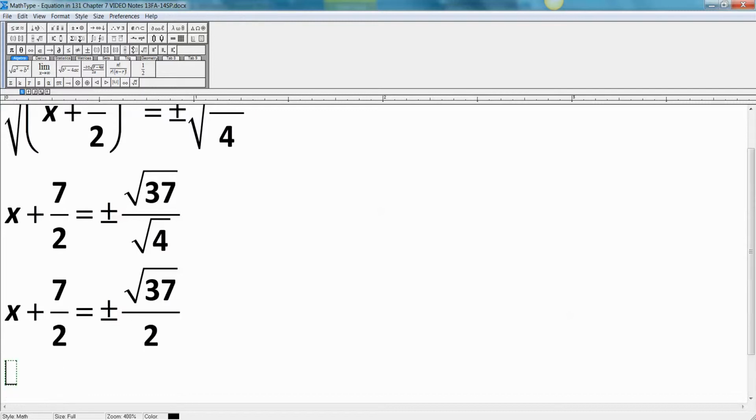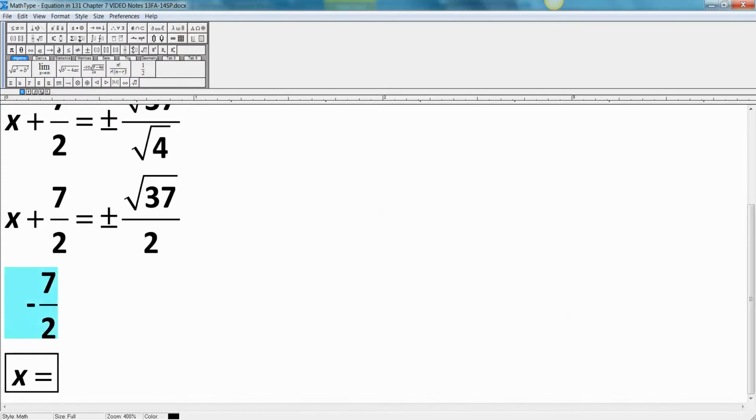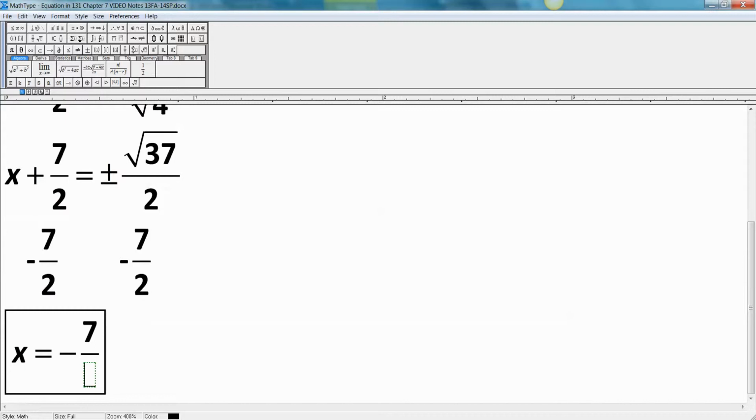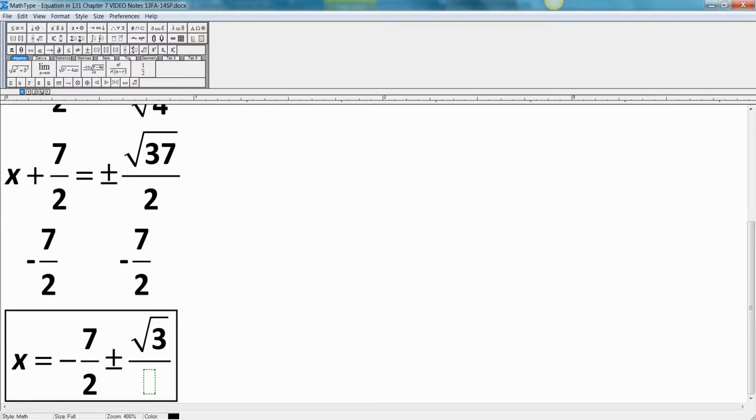And then you're just going to subtract 7/2 from both sides. Do it to the left, you got to do it to the right. There you go. They're not like terms over there. So your final result is negative 7/2 plus or minus square root of 37 over 2.